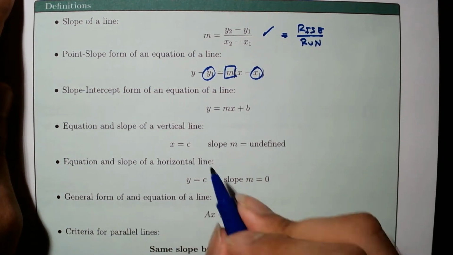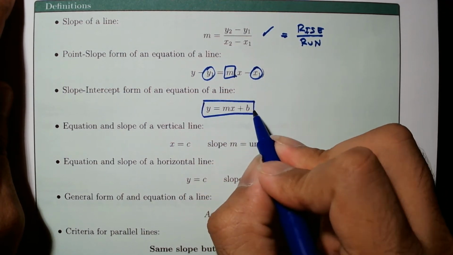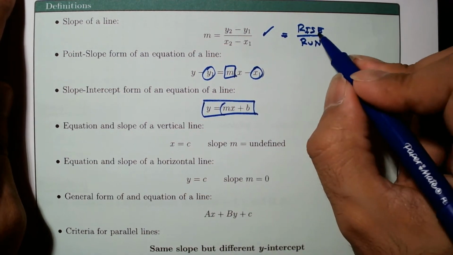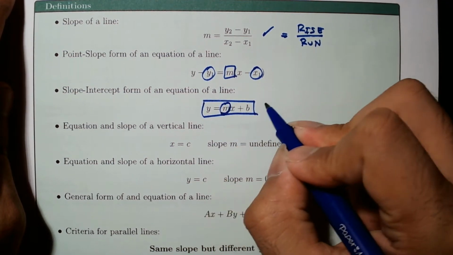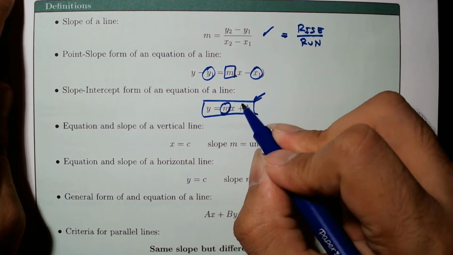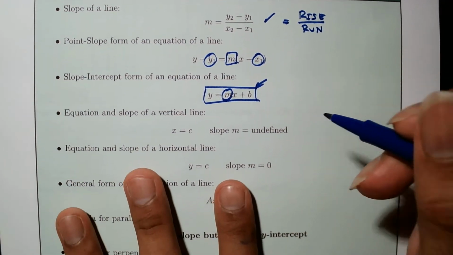The slope intercept form of an equation of a line is the famous y equals mx plus b, in which m is the ratio of the rise to the run again, and b is the value in which the line crosses the y-axis.